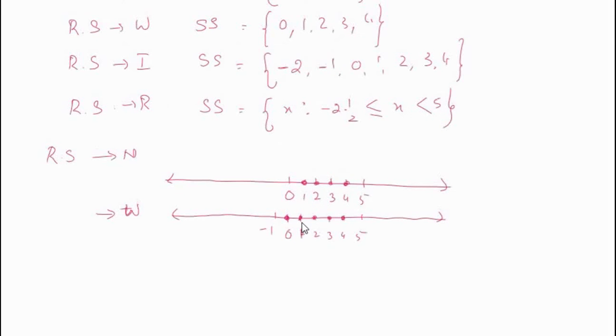So when x belongs to the integers, the replacement set is an integer, how to draw the graph? This is the number line.